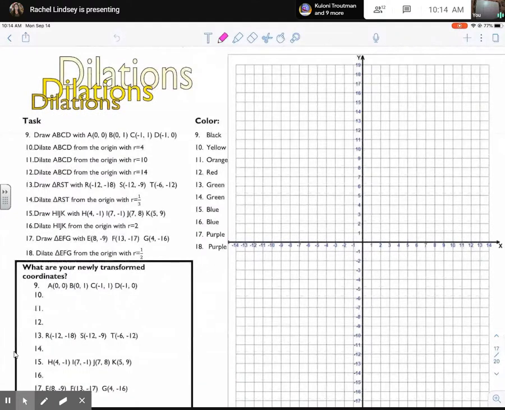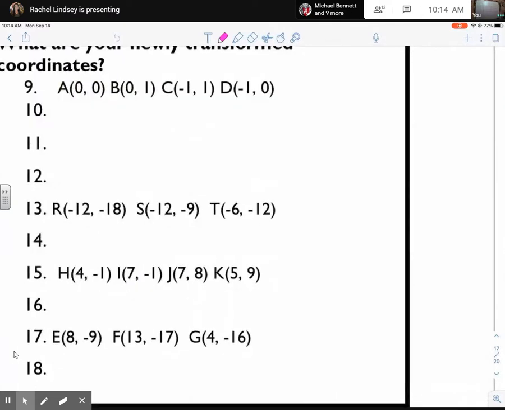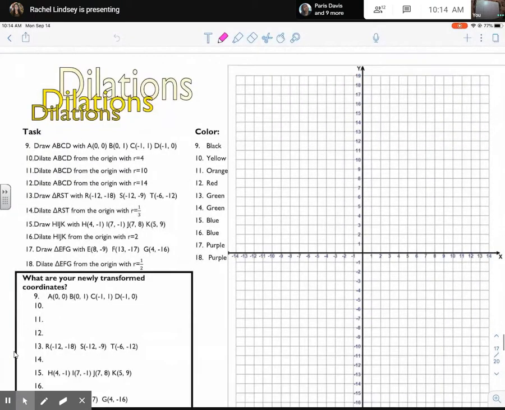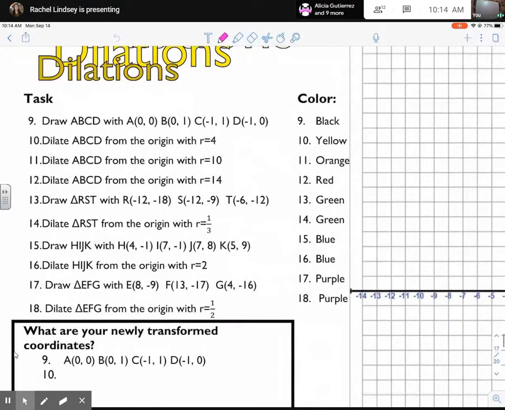Okay, so looking at the dilations page. So this one, you're going to have 4 different shapes, okay? I don't know why the numbers are like that. I don't know why they start at 9, but they do. So on number 9, it says draw A, B, C, D with those coordinates.